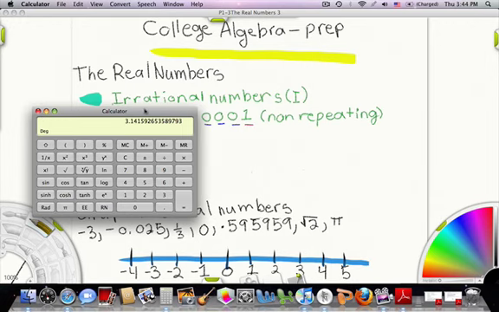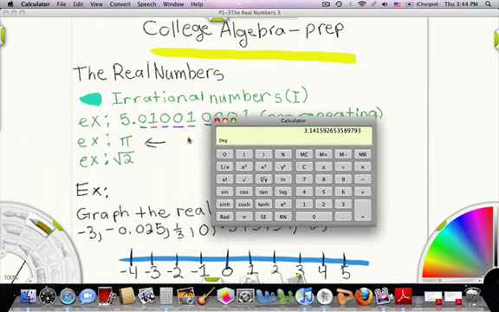And also, we have square root 2. So let's throw that in here as well. So square root of 2 gives us 1.4, and so forth, and ends at 5 here on this calculator.